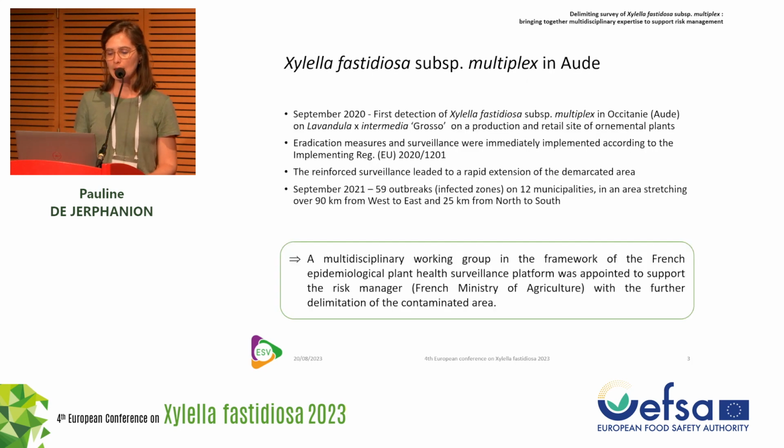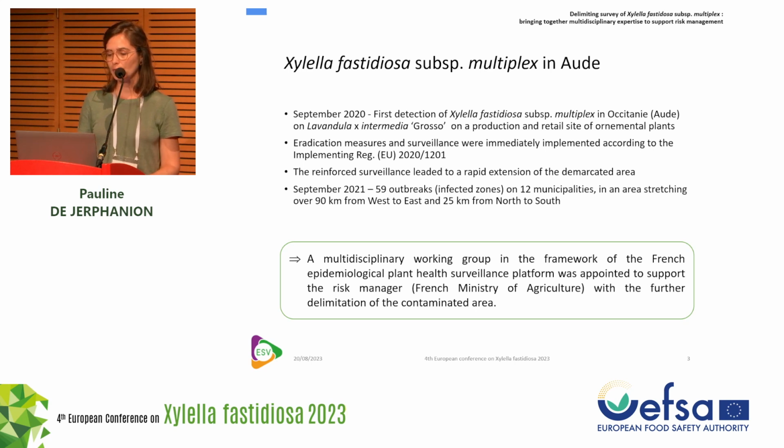Indeed, in September 2020, we first detected the bacteria in the department of Aude on Lavandula intermedia on a production and retail site of ornamental plants. Eradication measures and surveillance were immediately implemented according to the EU regulation, and the reinforced surveillance led to a rapid extension of the demarcated area.